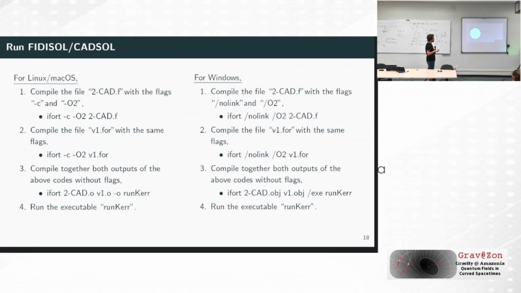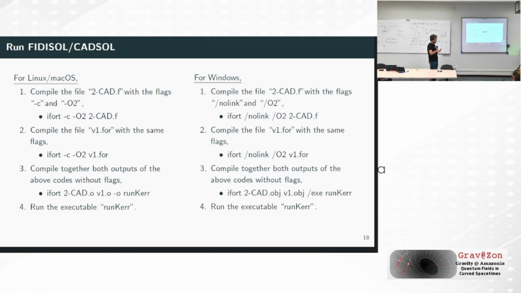If you run this, you get a lot of warnings. They are not very important, so you don't have to worry about them. You only have to worry if it gives you an error. If you get an error, it's trickier. But if it is warnings, don't worry much about that. Then you have to do the same for the V1 file, so you compile the V1 file with no link.